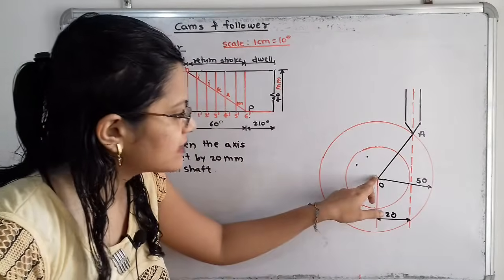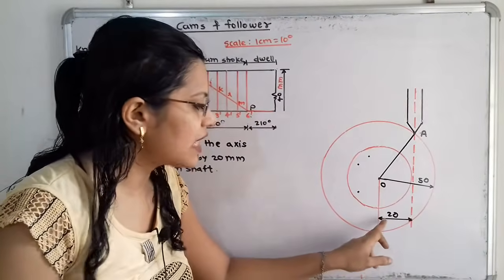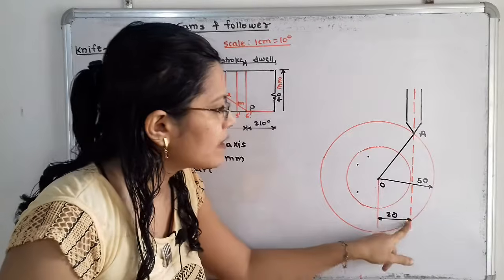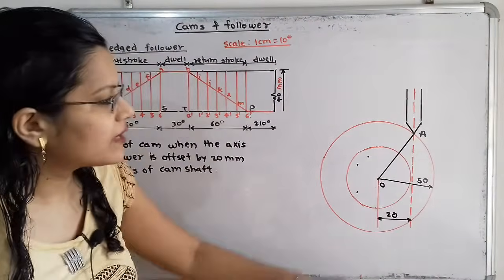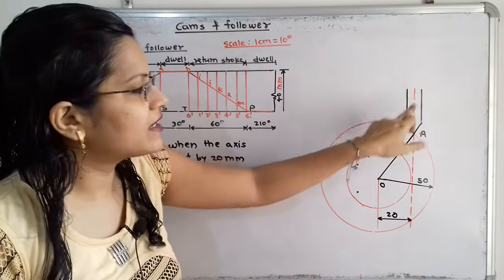So here is the axis of the camshaft. From this axis we have to draw a distance at 20 mm apart. We will draw one vertical line, and this dashed vertical line is the center line of the follower.